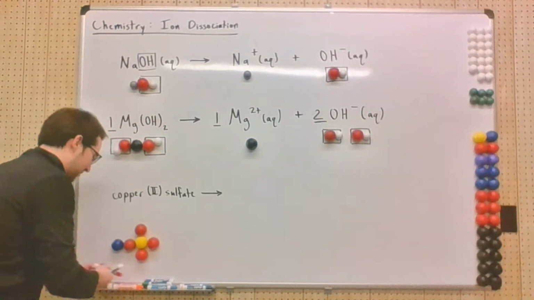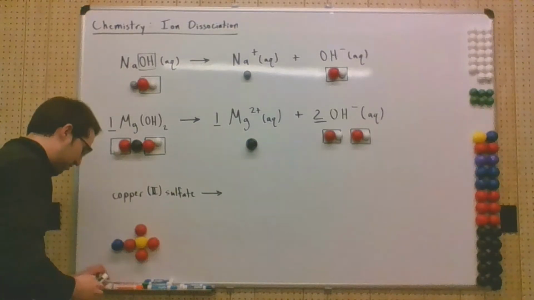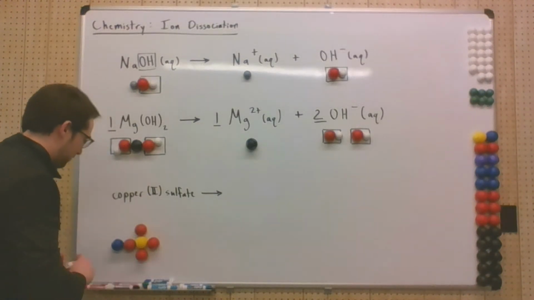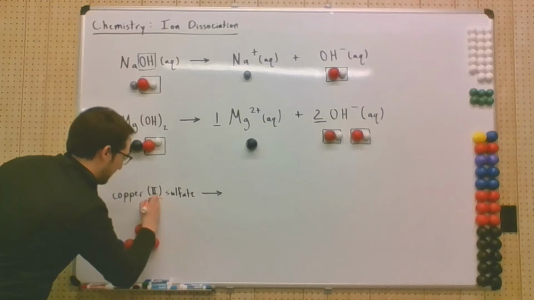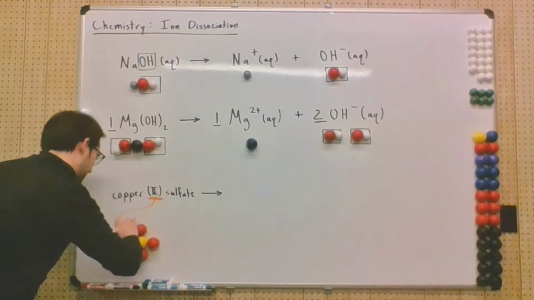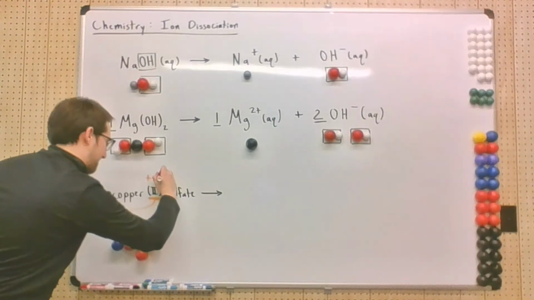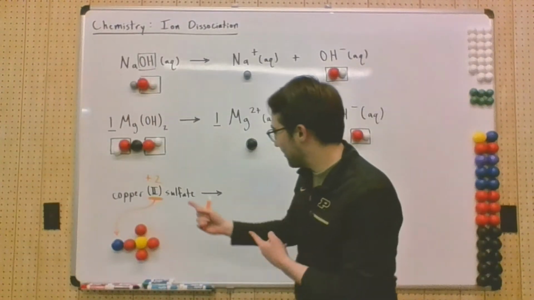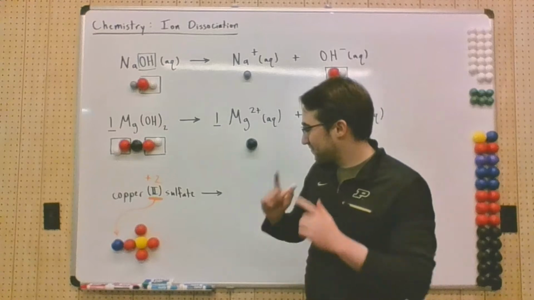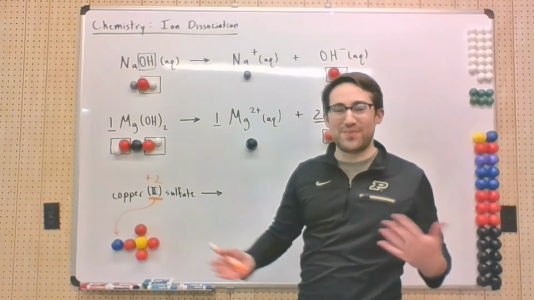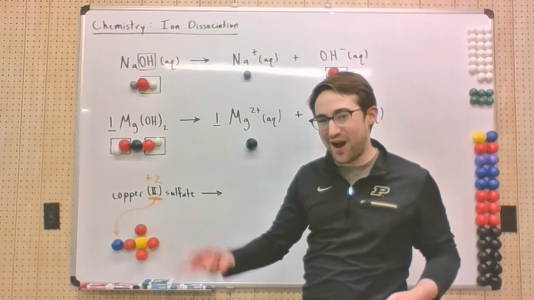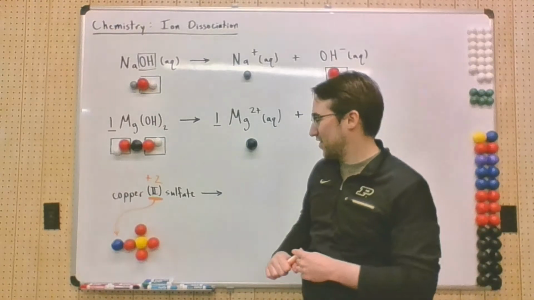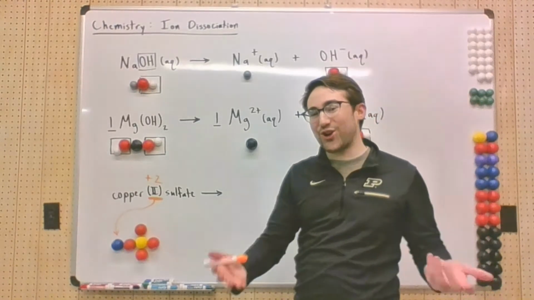Let's do it in a different color so it sticks out. Okay, so our copper has a positive 2 charge in this case. If it is just something else in the first couple columns or after that middle section, you can just look up and find what the charge should be.